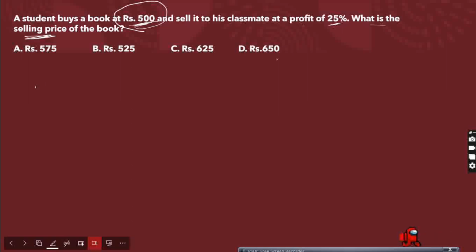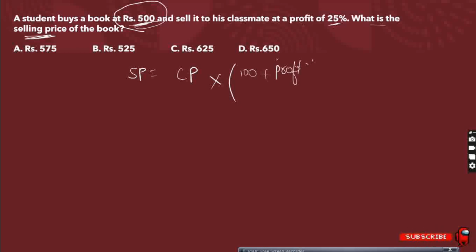25%. In order to calculate selling price, there is a formula: selling price SP is the cost price CP into 100 plus profit percentage, divided by 100.